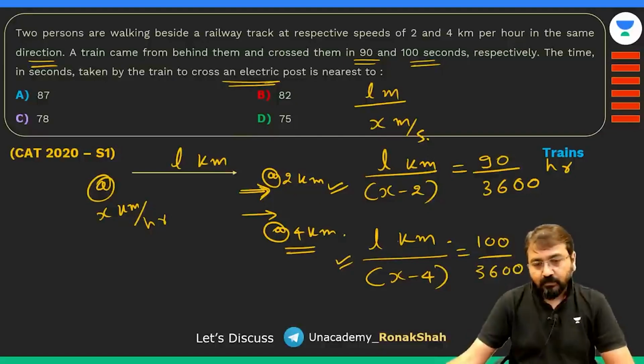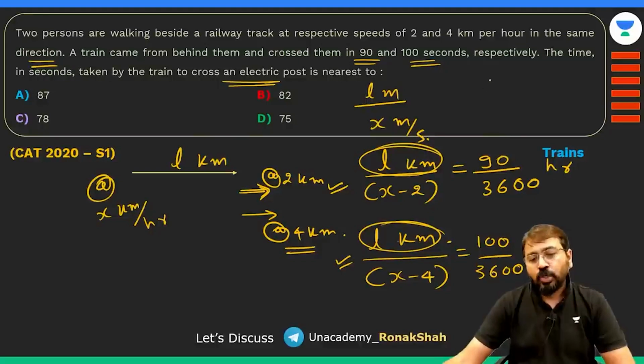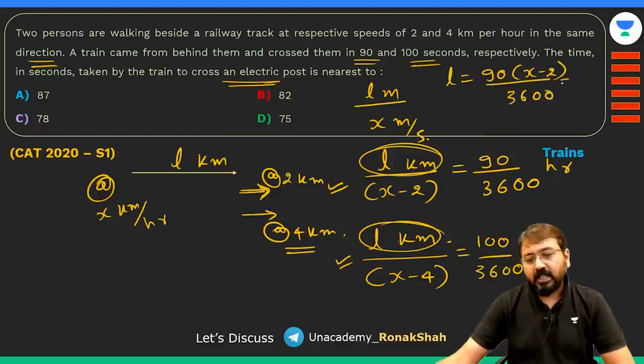Okay, chalo. So I know both the equations have L in common, so I can straight away compare these two. So can I say one equation says that L equal to 90 into x minus 2 by 3600, and the other equation says L equal to 100 into x minus 4 by 3600, right?